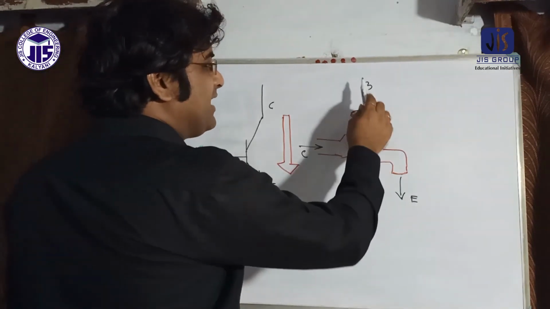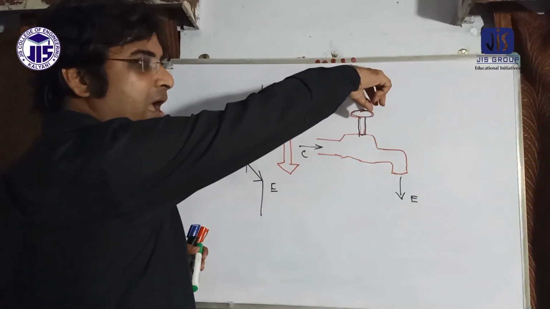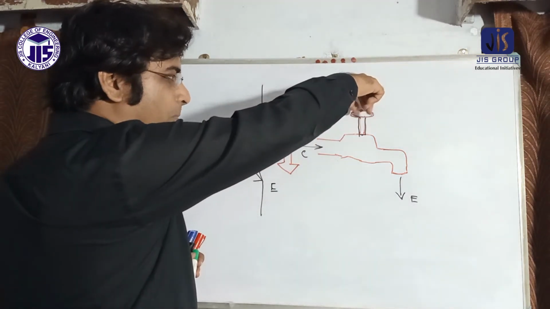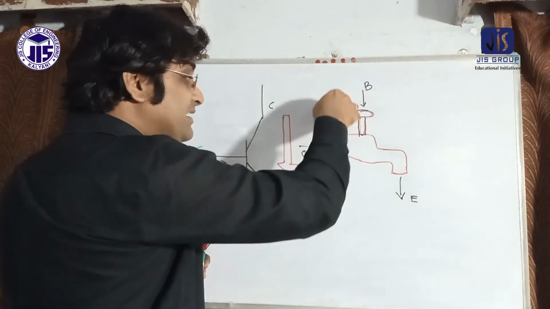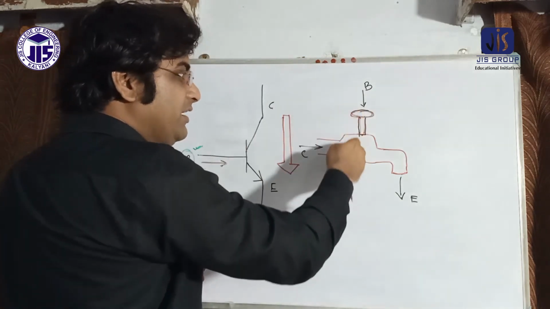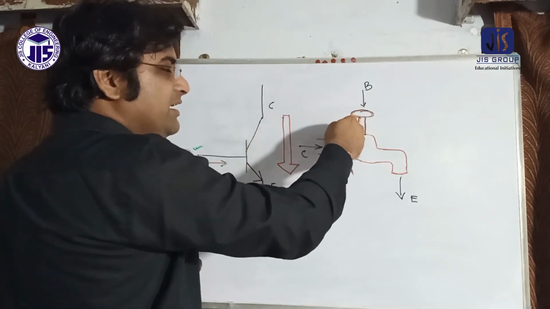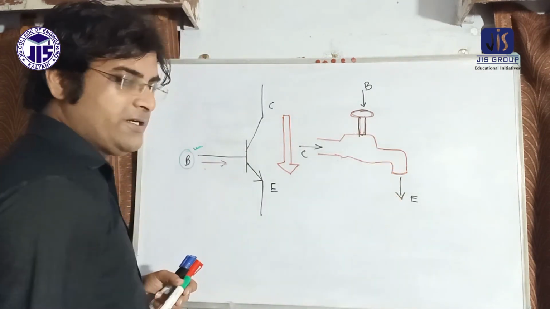If I increase the current in the base, that means I am opening the tap. If I am opening it, then the collector to emitter resistivity, the resistance it is giving, decreases and a huge current flows from collector to emitter.